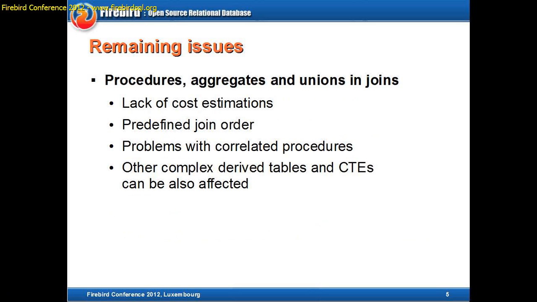The problem is that all these kinds of complex subqueries, complex derived tables, do not have any cost associated. So the optimizer, when joining them to each other or maybe to some simple tables, cannot guess the total cost of the join. So it just decides to go the easiest way. Considering them to be costly enough, it puts them first in the join order.